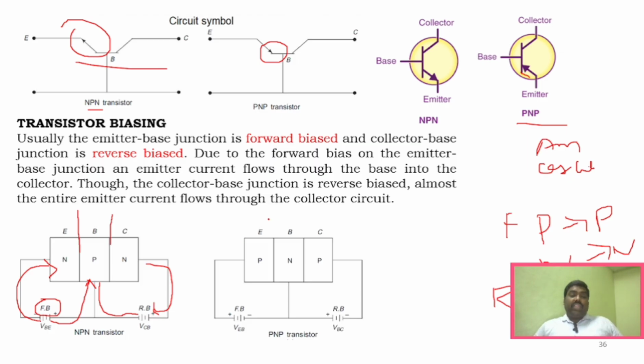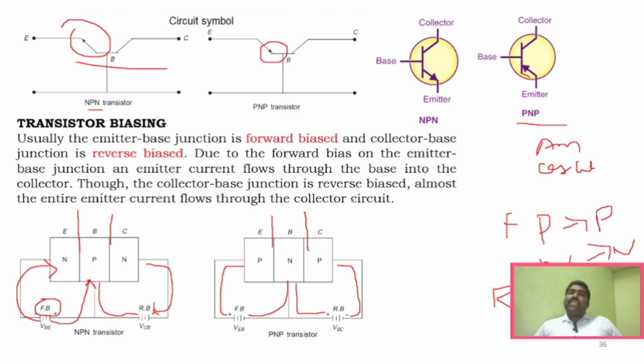This is the condition: the emitter base junction has to be forward biased and the collector base junction has to be reverse biased. This is about transistor biasing.